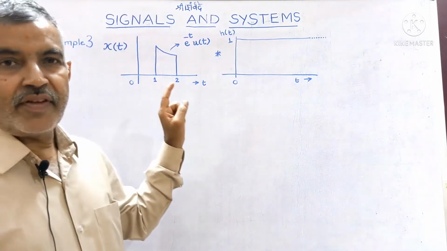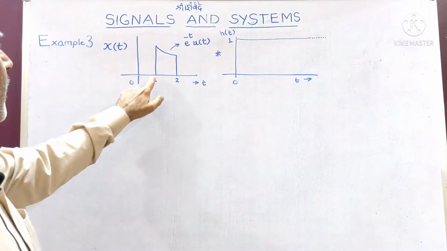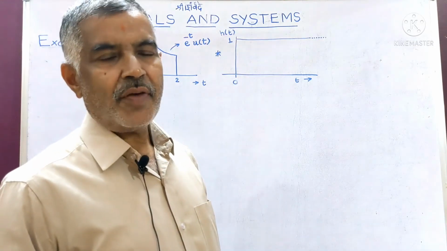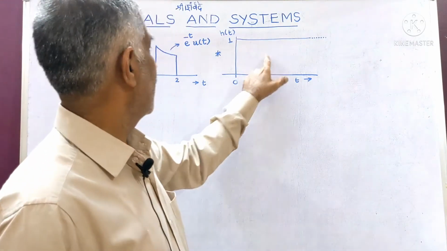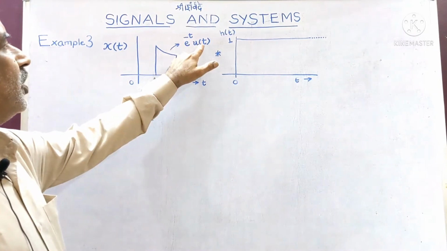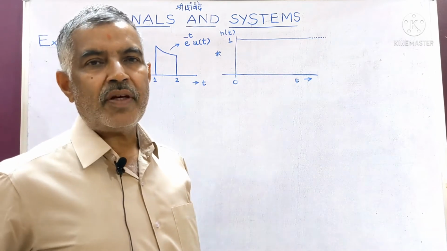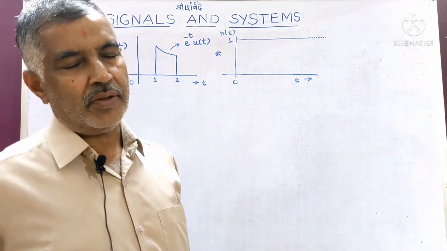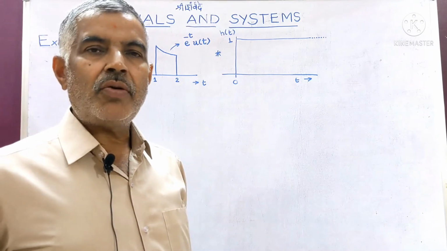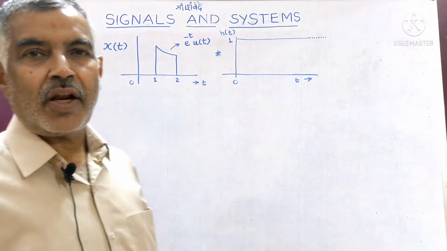Now this is the third example: convolution between this function and the step function. Already the step function is familiar. And for this function, I have shown e power minus t u(t). In the previous examples also I took e power minus t u(t), but the graph extended from 0 to infinity. Here I have taken only a part of the graph.